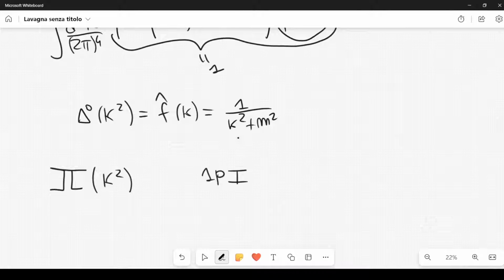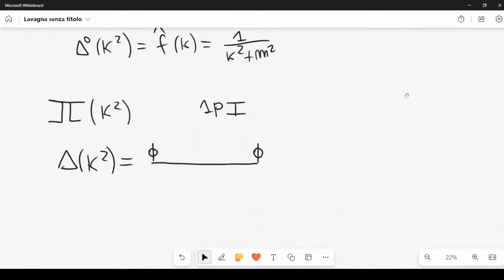Now I will tell you more about this, and we will see it more clearly. In particular, delta of k squared will be given by a sum of different contributions. In particular, I'm going to denote them like this. First, we have this contribution, which is the classical contribution.